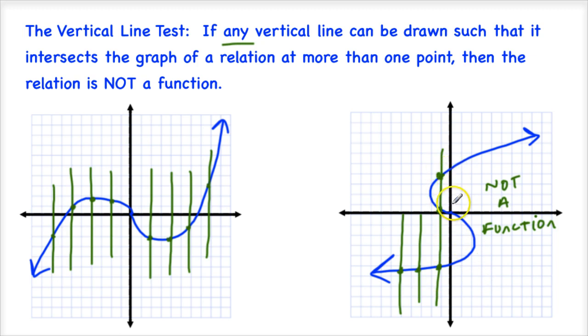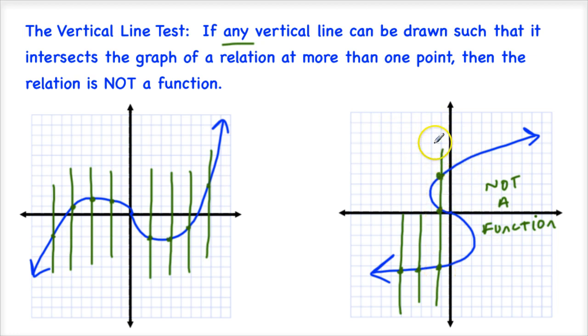This is (-1, 4), this is (-1, 1/2), and this is (-1, -5), it looks like. So those are 3 different points that would be in that list of ordered pairs. So that would give me a giveaway that it's not a function. Same thing if this was a mapping, you'd have the -1 in the domain, and it would have 3 arrows coming from it going to different elements in the range. So that's how these are all interrelated.